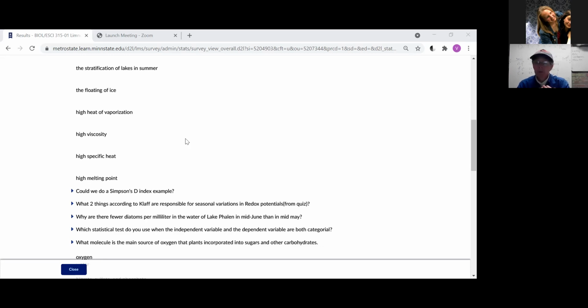Other things affect the redox potential too, like other elements in the water that might be looking to get reduced or oxidized, things that are looking to get rid of electrons or pick up electrons. So all of those other chemicals, different forms of nitrogen, iron, and sulfur.